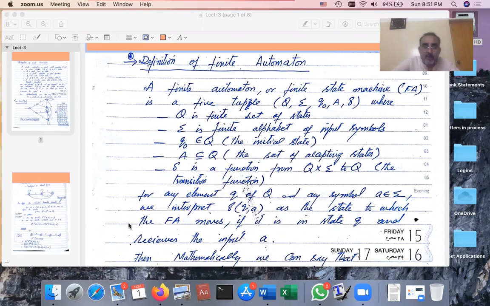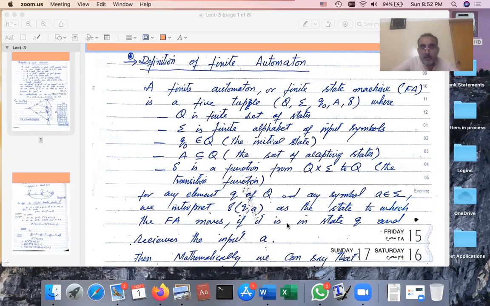If we have a state Q, an element of the bigger set of states Q, and any symbol A belongs to sigma, then we can interpret this delta function as delta of Q comma A. What it means is that we have a state Q, and if we apply the symbol A over this state Q, then we will move to some further state.